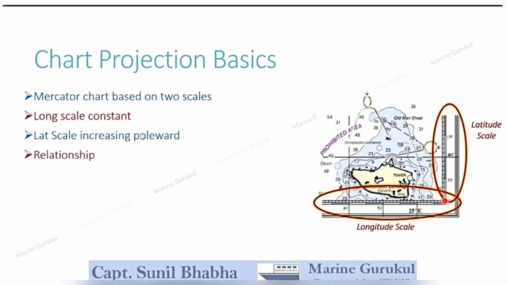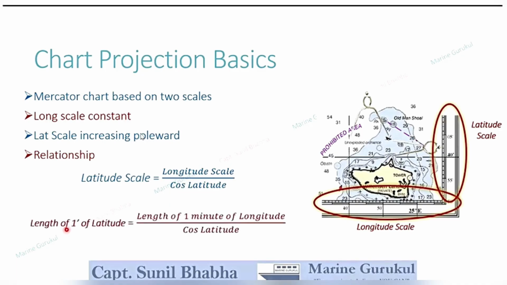Now, both these scales have a relationship between them, and this relationship is given by the formula: the latitude scale is equal to the longitude scale divided by cos of latitude. This can be further simplified as the length of 1 minute of latitude on a Mercator chart is equal to the length of 1 minute of longitude on a Mercator chart divided by cos of latitude.